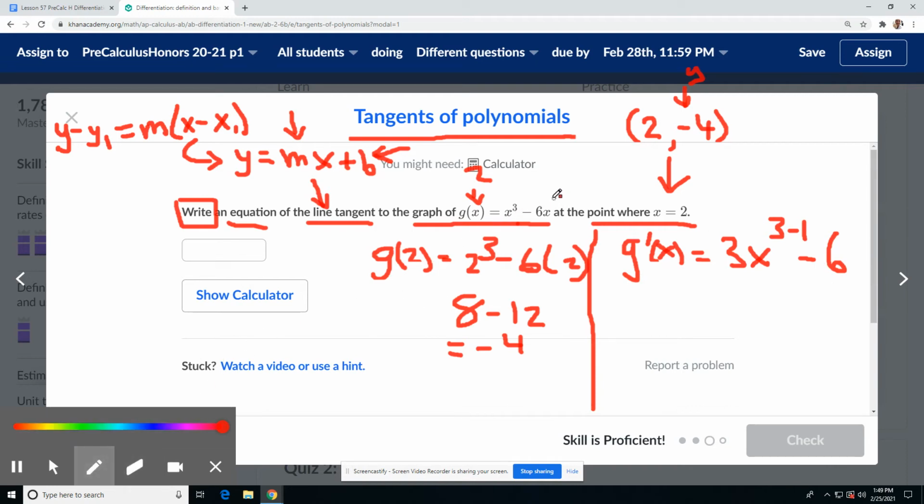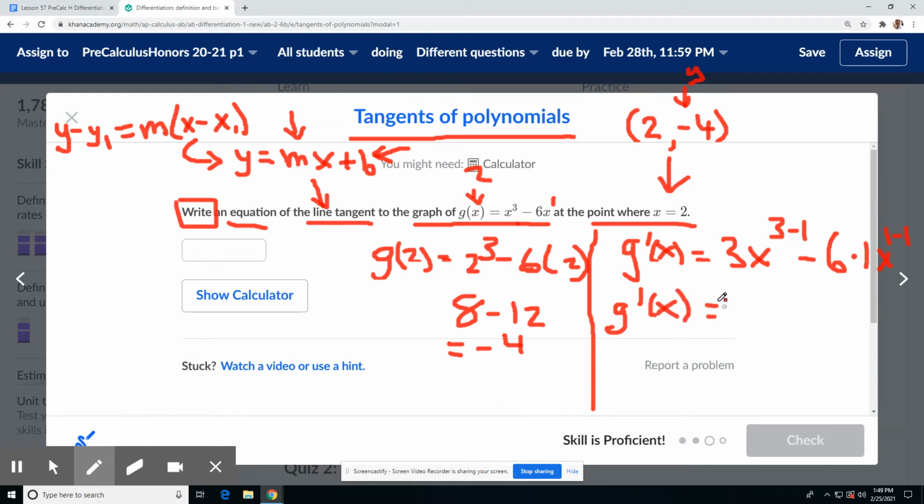So remember, there's like a little 1 right here. So 6 times 1, x to the 1 minus 1. Pretty soon, I'm going to stop showing my work here. We can always just drop the x, keeping the coefficient, when you just have x to the first power. So g prime of x is equal to 3x squared minus 6.